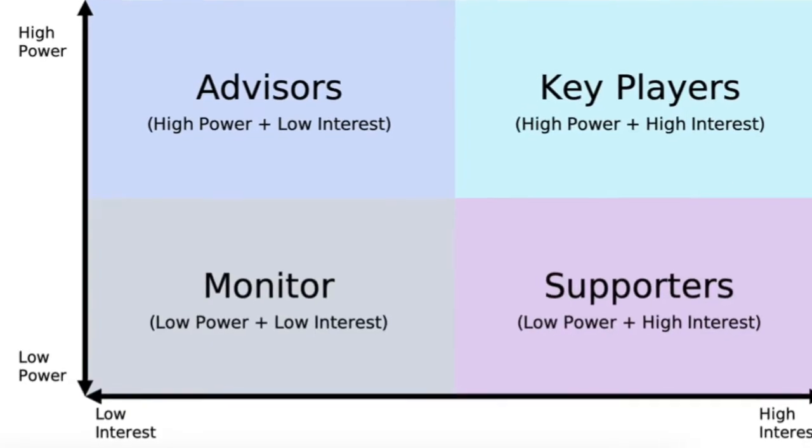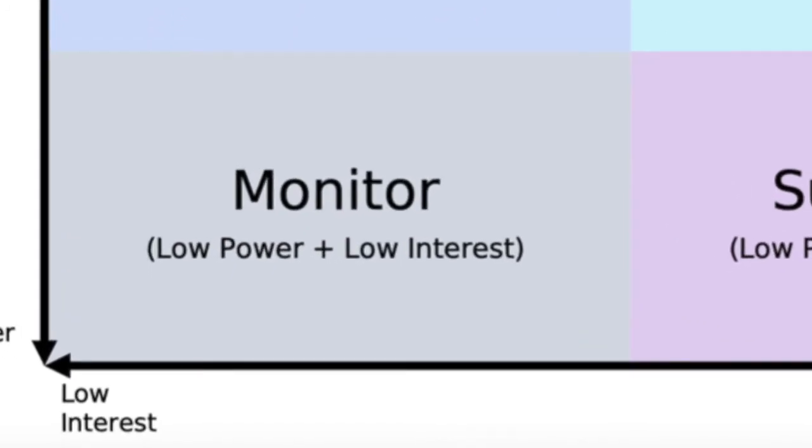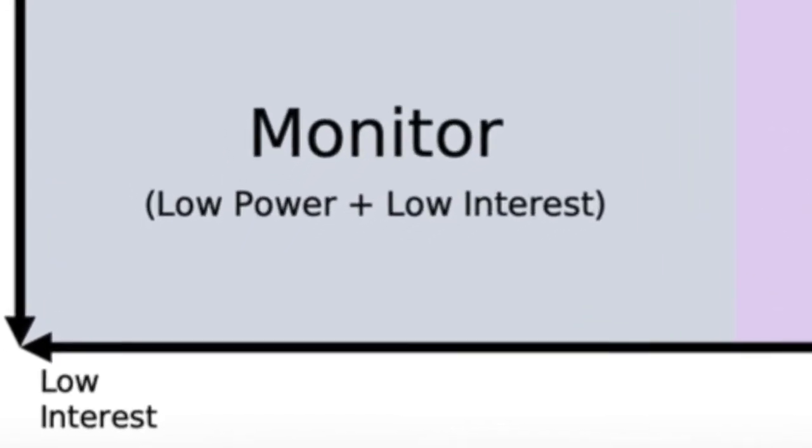In the final category, we have low power and low interest. So these are stakeholders that are not very interested. That's why they're in this category, and don't have the power to influence your work. Again, why they're in this category. Here, you kind of just want to monitor any upcoming trends that might be happening in their world, keep an eye out for potential areas of collaboration.